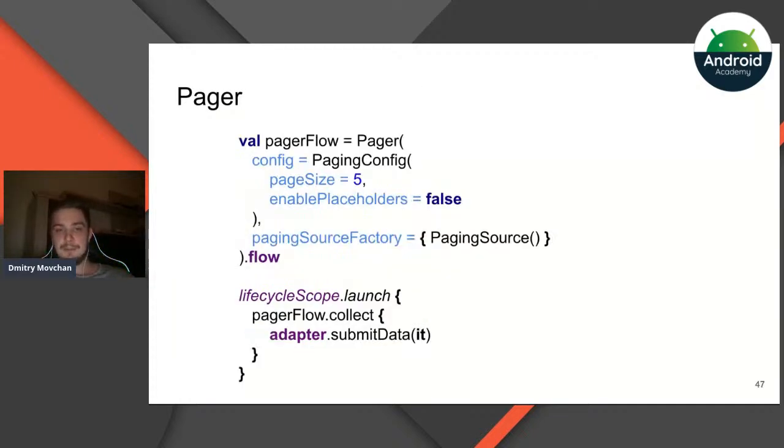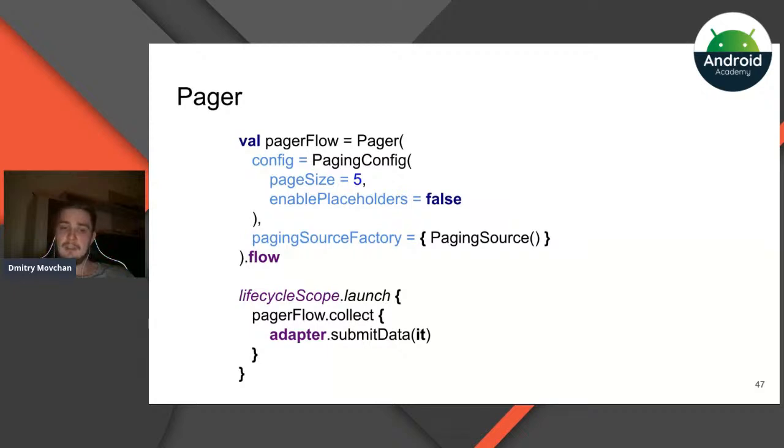It's just the usual thing where you pass its constructor the config and the source factory, for example, our paging source. Then after that, you can call .flow on your pager, and it will return a flow of paging data.